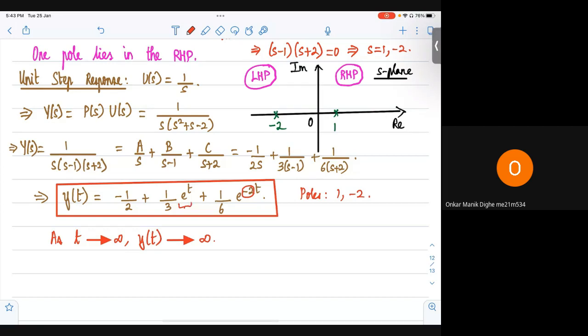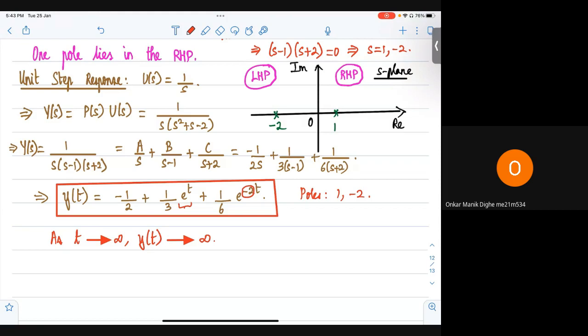Because of e power t. Okay, yeah. So if it were e power minus 2t, what you said is correct. It would have tended to minus 1 by 2. But e power t is an exponential function with a positive exponent, right? And that will blow off to infinity, right? Okay, so I hope this is clear. So y of t will now tend to infinity.